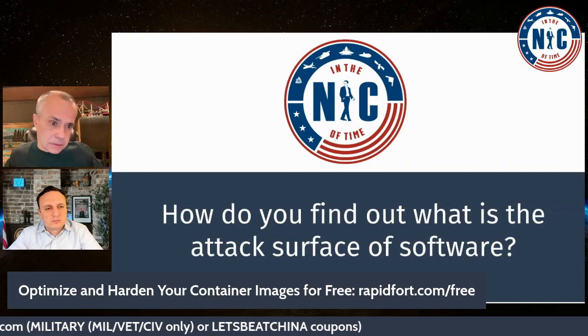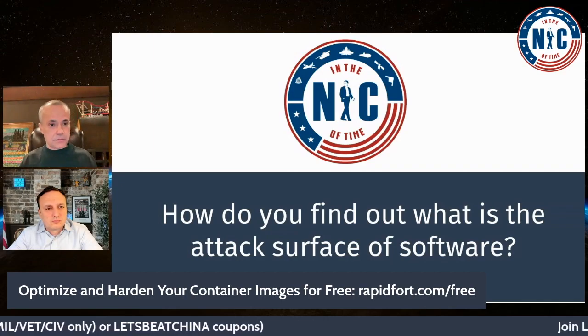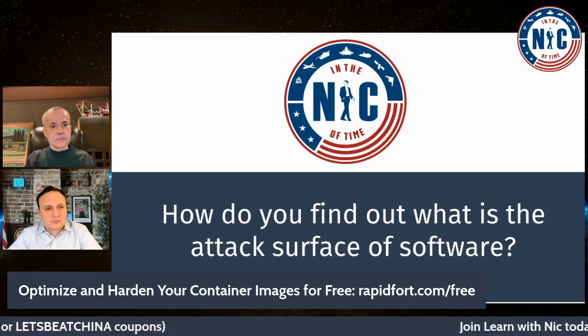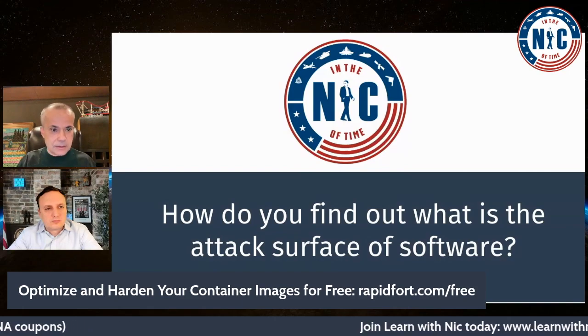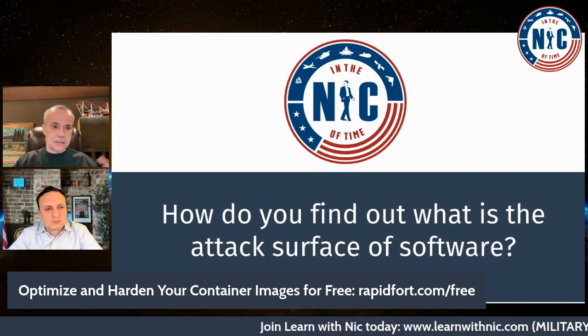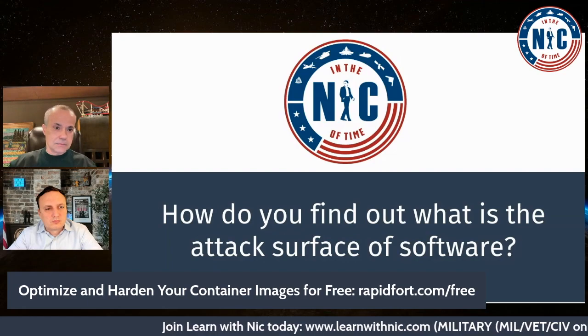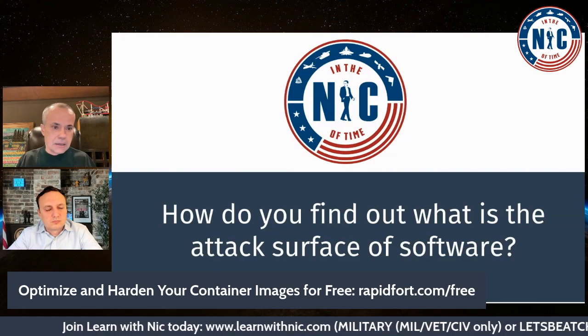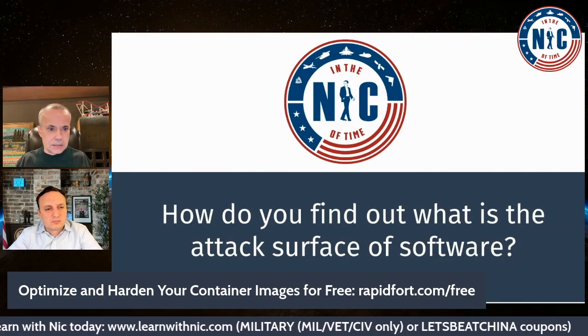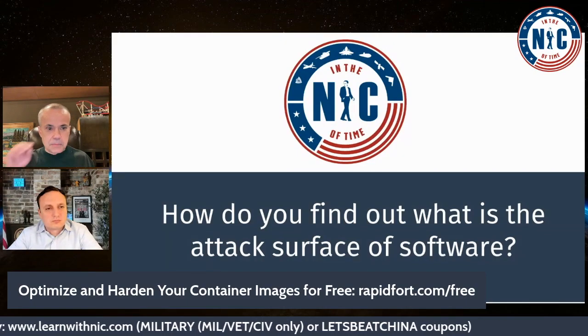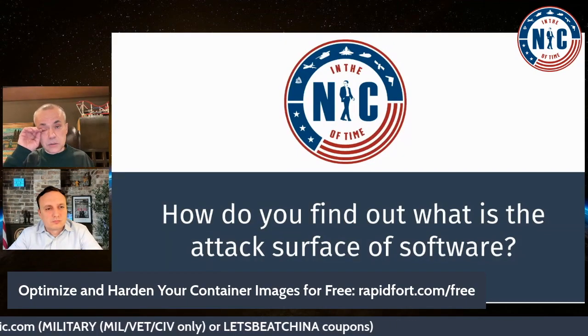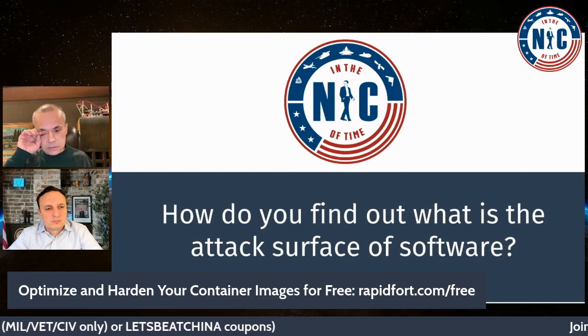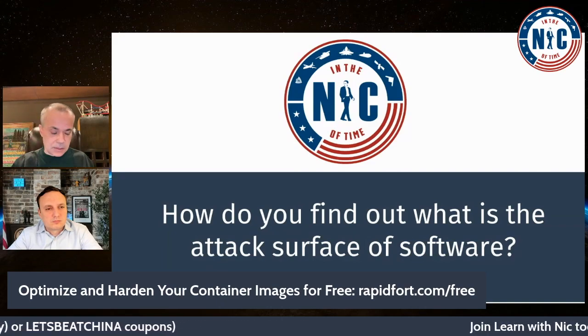What are their interdependencies? Not only at build time, where dependencies are statically defined: package A needs packages B and C and D and E to be installed. But at runtime, do I need all of those packages when I'm running? So let's understand those things, and that's what we call, for lack of a better word, a real bill of material.